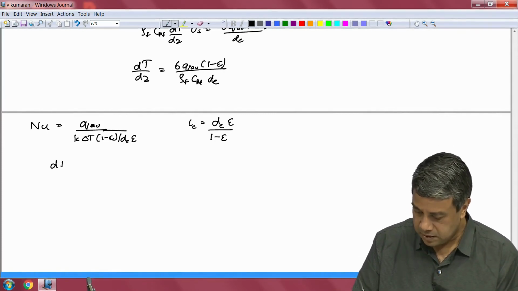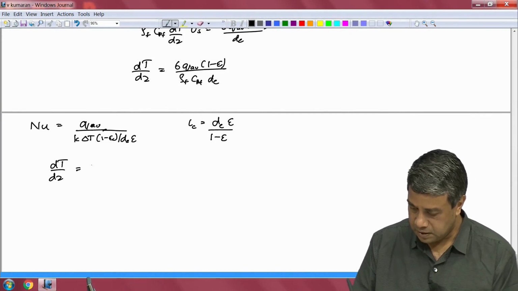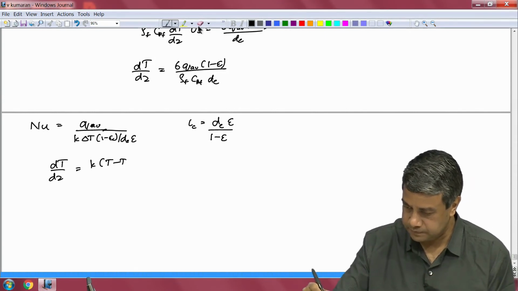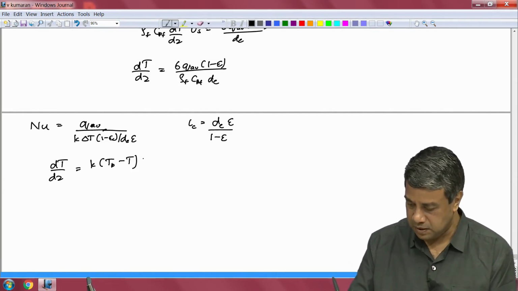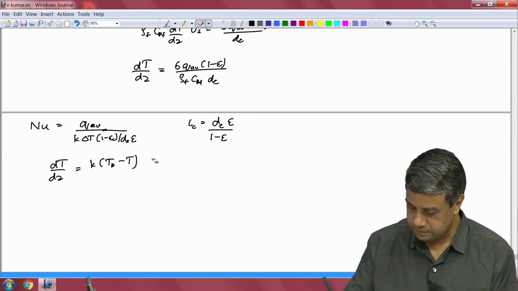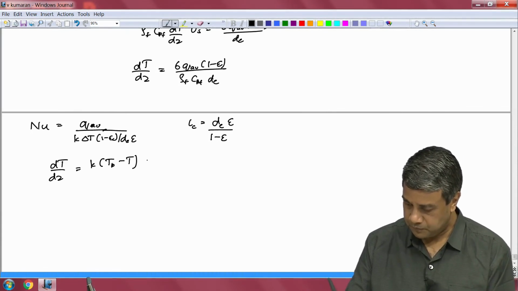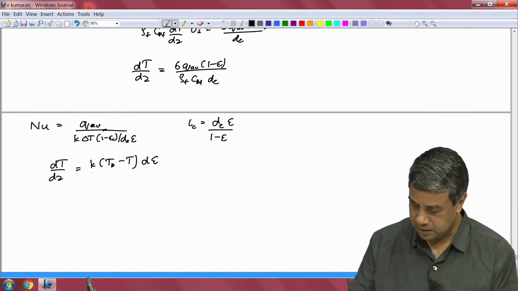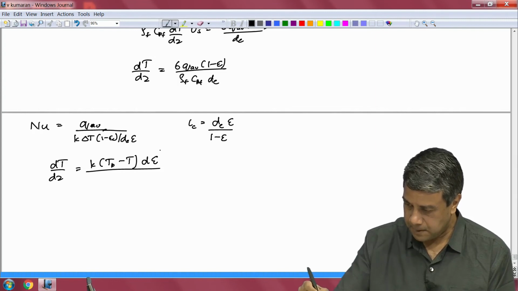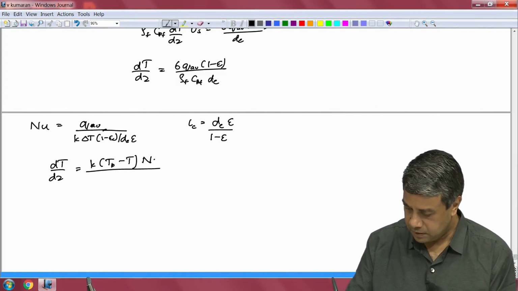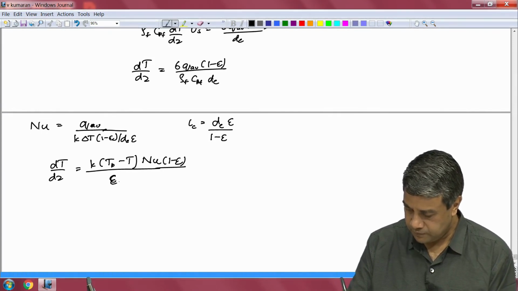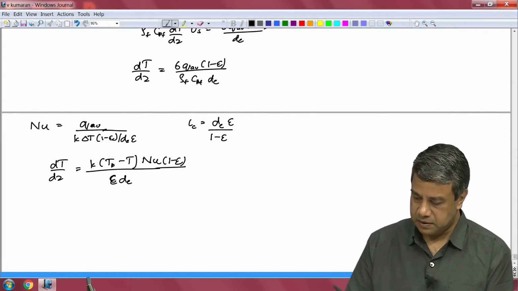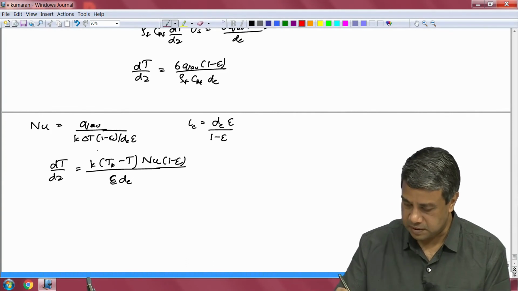And using this, I will get dT by dz is equal to K into the difference in temperature, Ts minus T. T is the temperature of the particles, the phase change temperature of the particles, into delta T into d epsilon by, that is the average flux, using the Nusselt number correlation for the average flux.